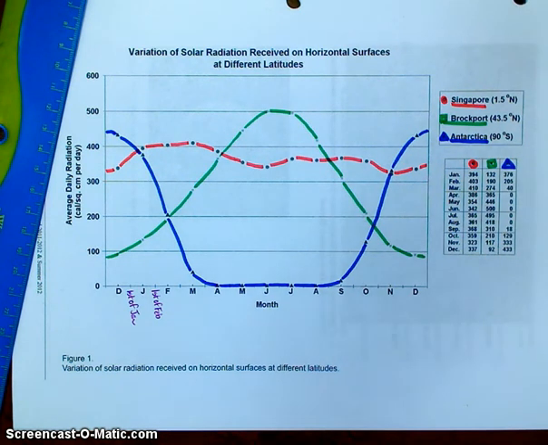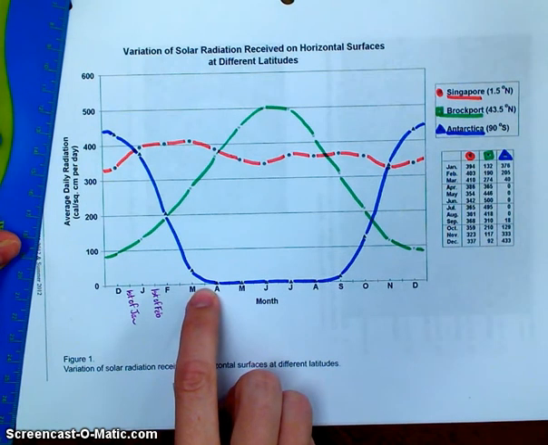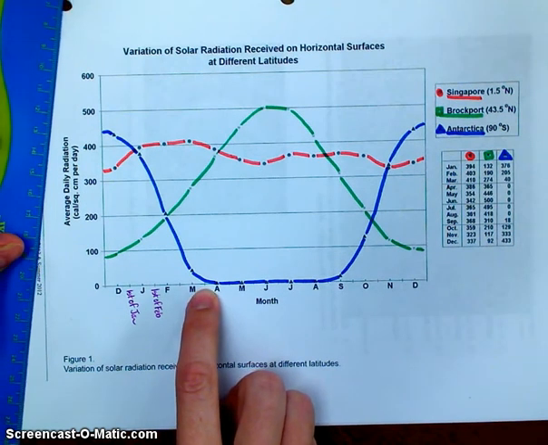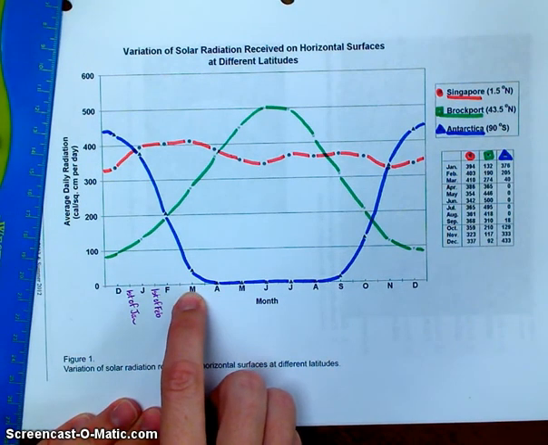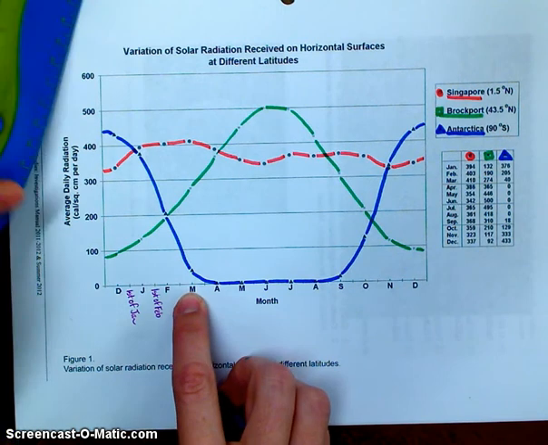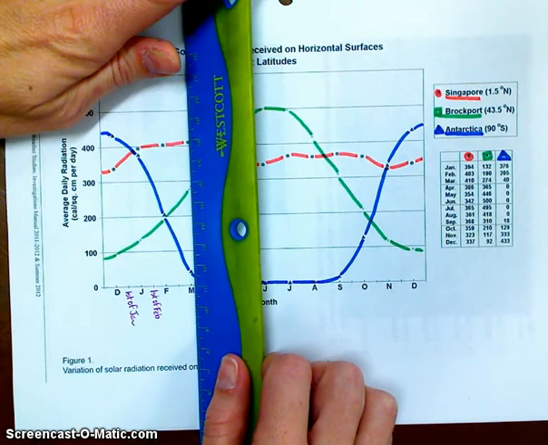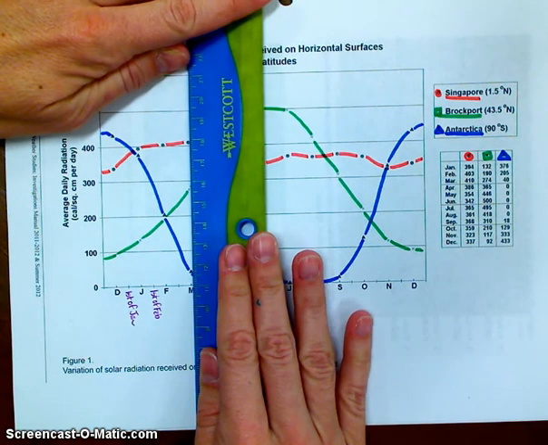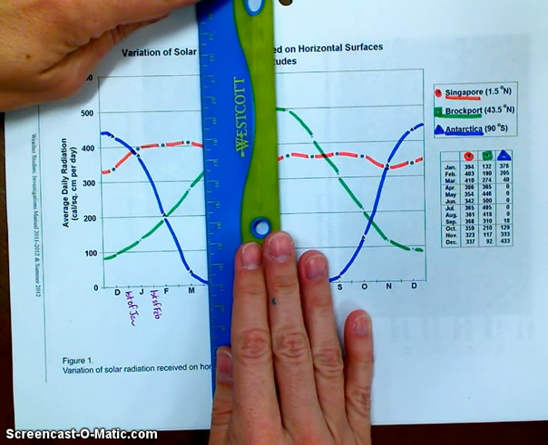All right, so I'm going to mark my spring equinox for March 21st. And since this mark is going to be the first day of April, that means this is the 15th day of March. And I don't want the 15th day, but I want something between the 15th and the first of the next month.